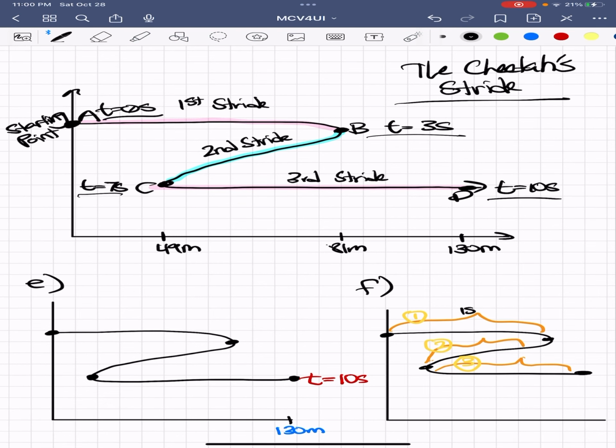So we have first stride, second stride, and third stride.